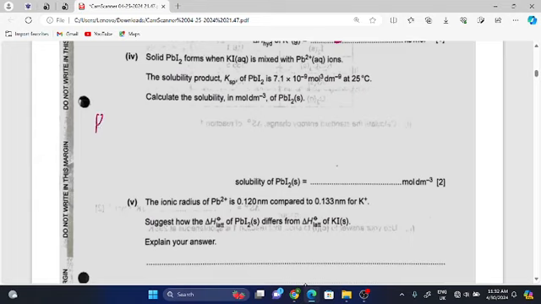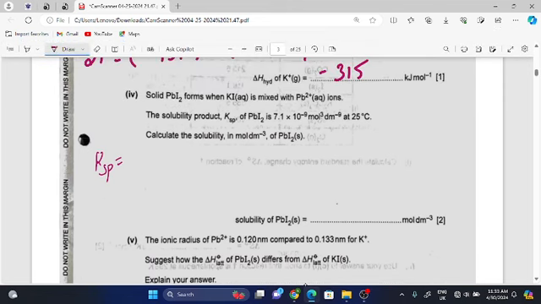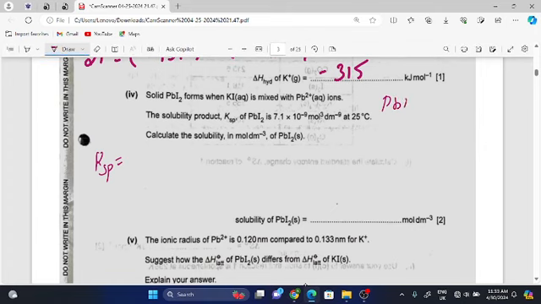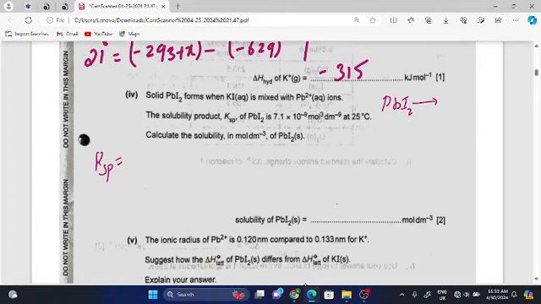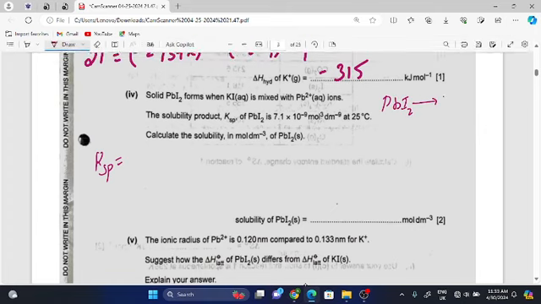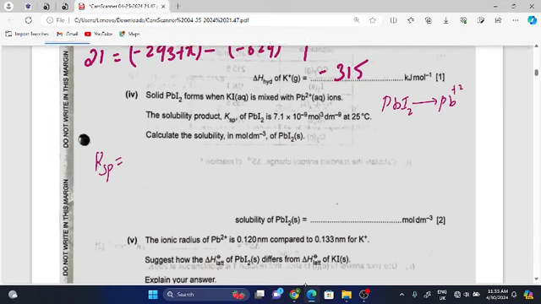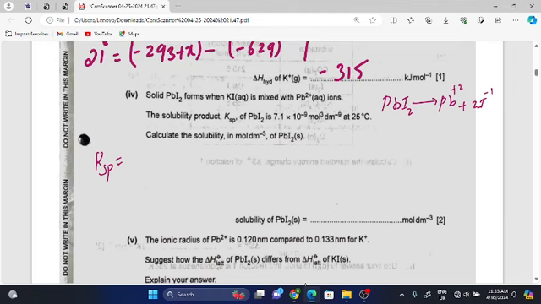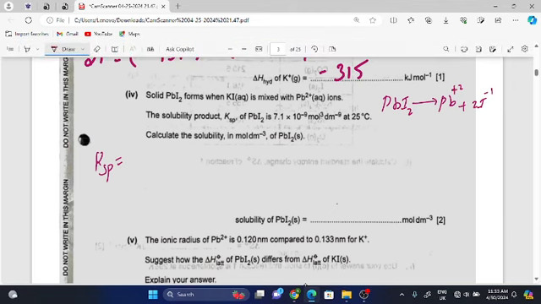Once PbI2 breaks down into its ions, it becomes Pb2 positive plus 2I negative. That is the ionic equation for lead iodide.